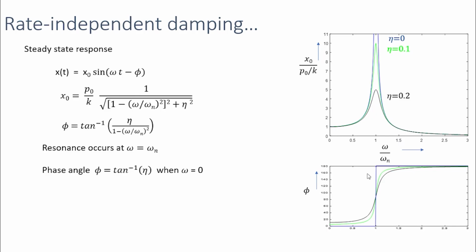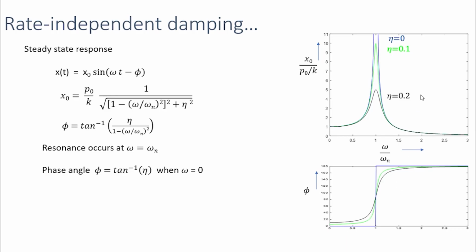And this is how the phi angle, the phase angle, changes. When there's no damping in the system, the phi angle follows this curve. If omega is less than omega n, the phi angle is 0, and if omega is greater than omega n, the phase angle is 180. The variation of phase angle with respect to the frequency ratio changes as the damping increases.